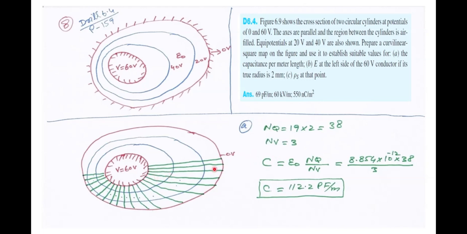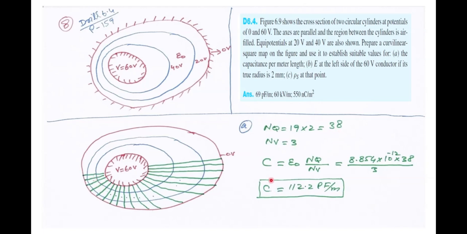And we are given the equipotential surfaces with a constant potential difference of 20 volts. So the squares in between the two conducting boundaries are 3 in number, that is 1, 2, 3, and the total number of flux tubes in one big symmetrical flux tube is 1, 2, 3, up to 19.